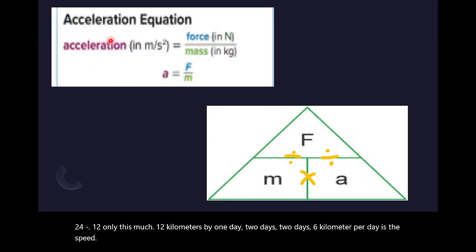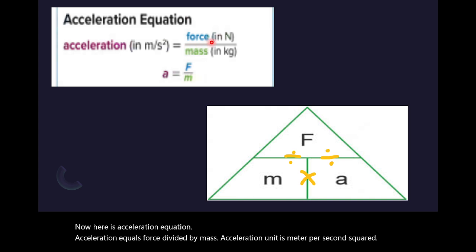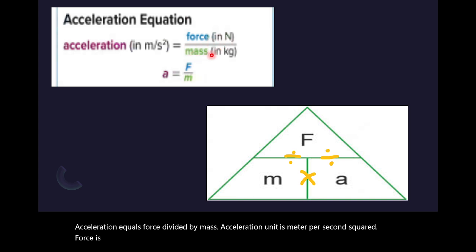Now here is the acceleration equation. Acceleration equals force divided by mass. The acceleration unit is meter per second squared. Force is in Newtons. The mass unit is kg.